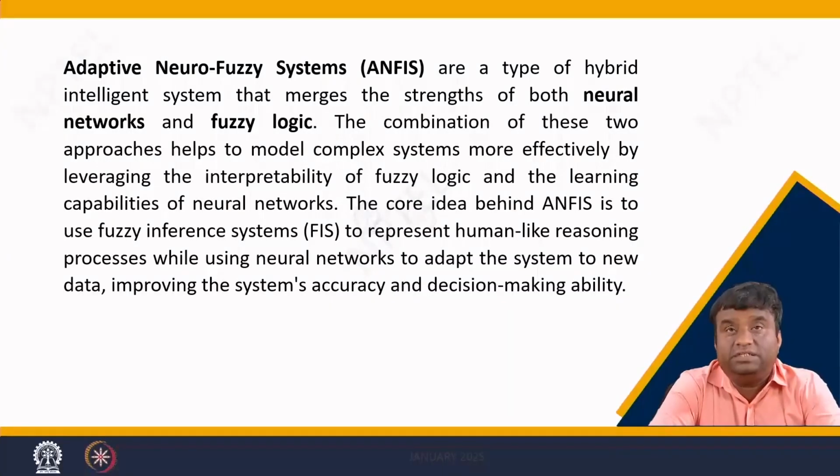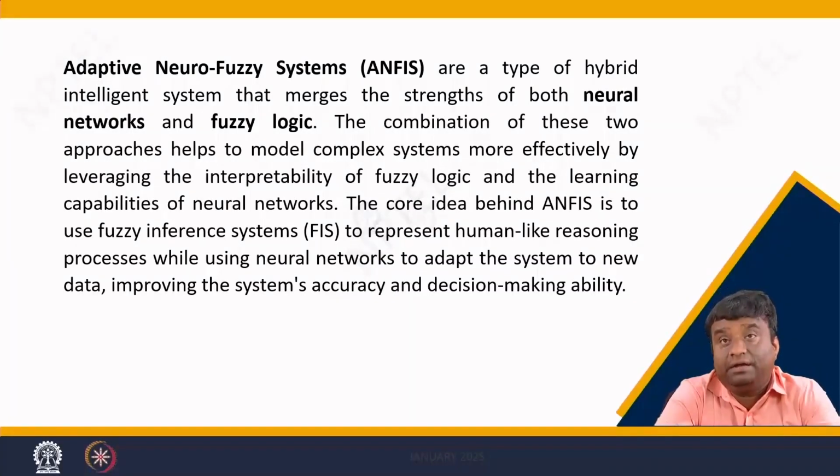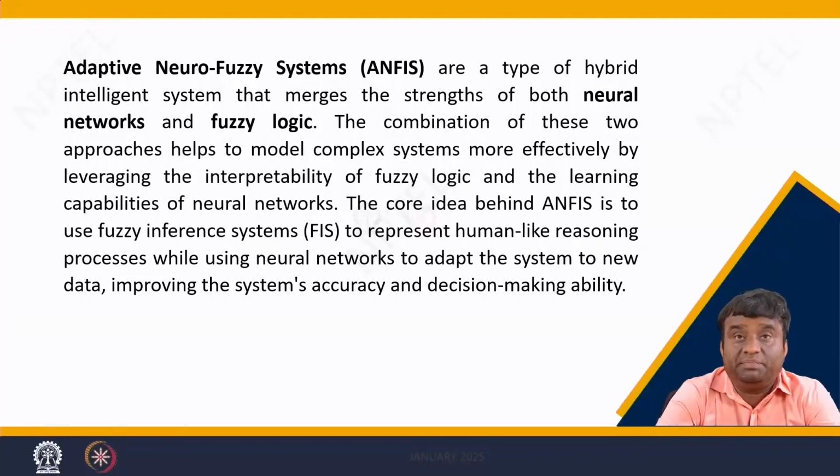So adaptive Neuro-Fuzzy systems, ANFIS, are a type of hybrid intelligent system that merges the strengths of both neural networks and fuzzy logic. The combination of these two approaches helps to model complex systems more effectively by leveraging the interpretability of fuzzy logic and the learning capabilities of neural networks.